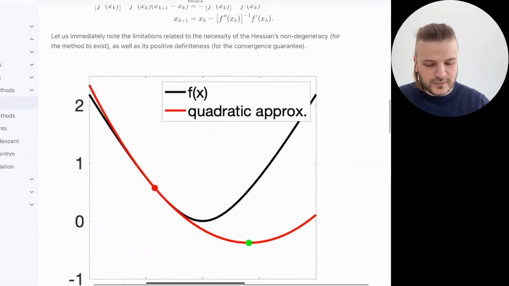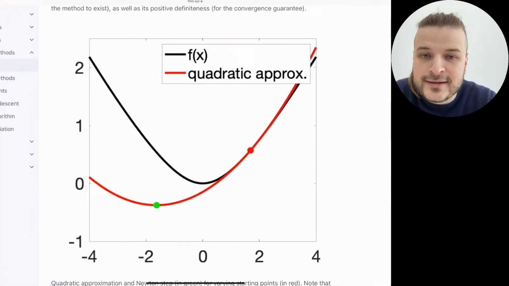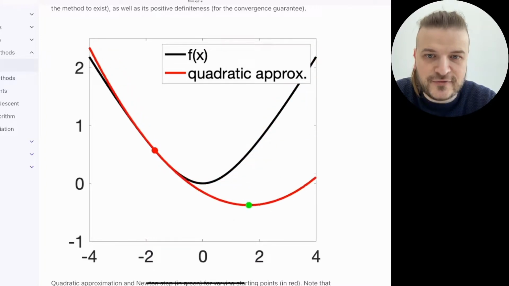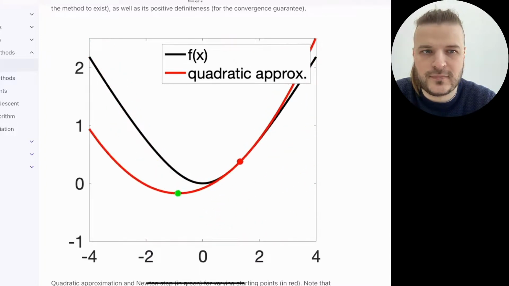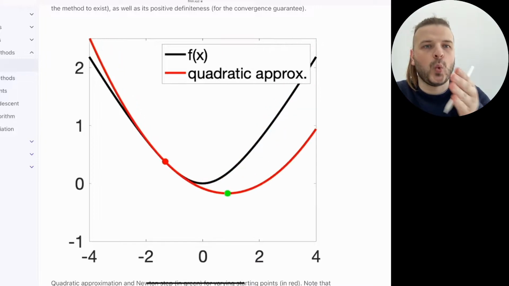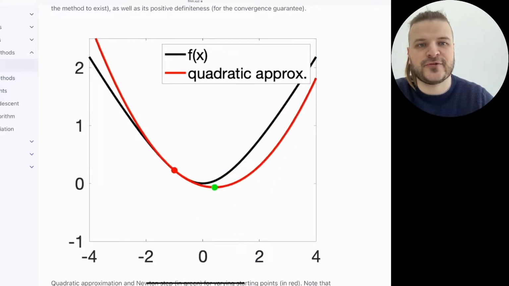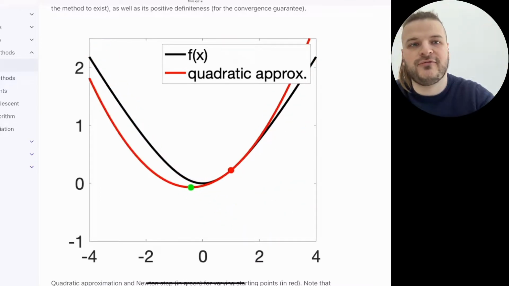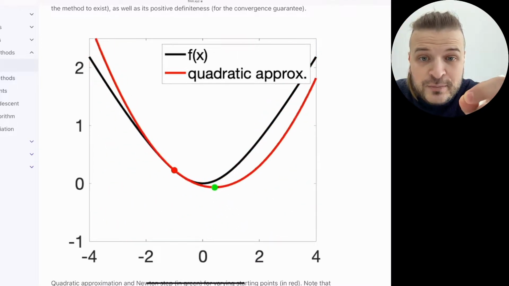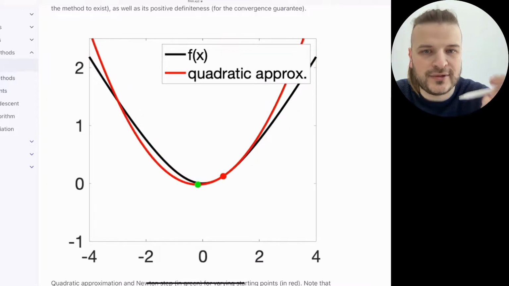Here you can see an animation. The red point stands for the current point where we build a quadratic approximation. The red line stands for the quadratic approximation, black for the function itself, and the green point is the minimum of the quadratic approximation.